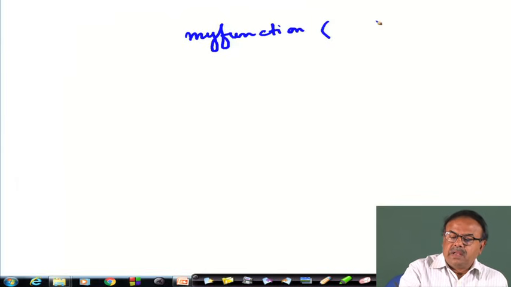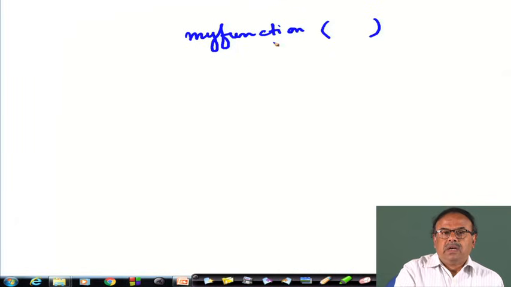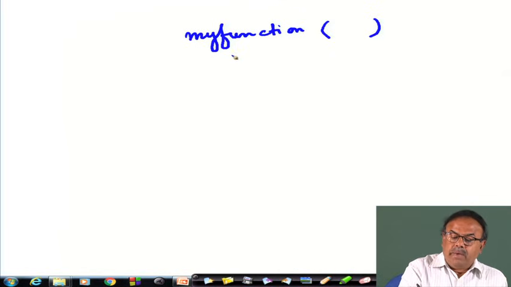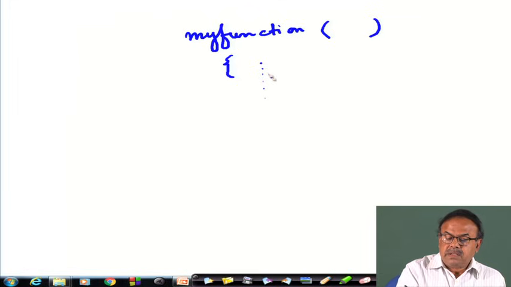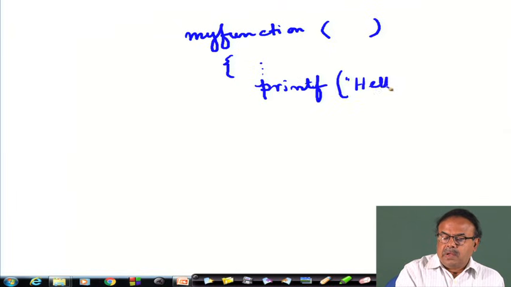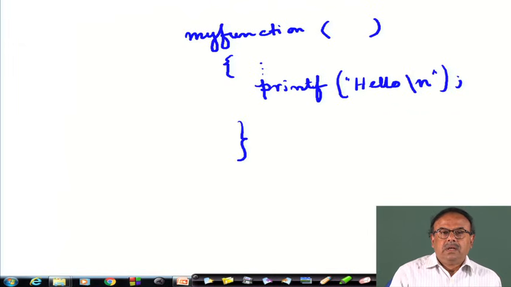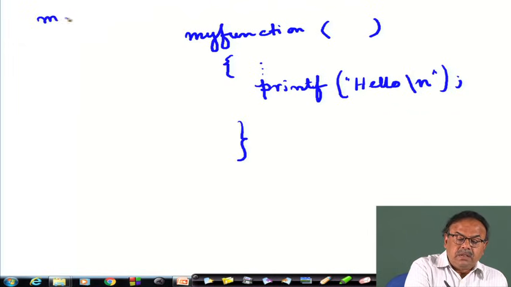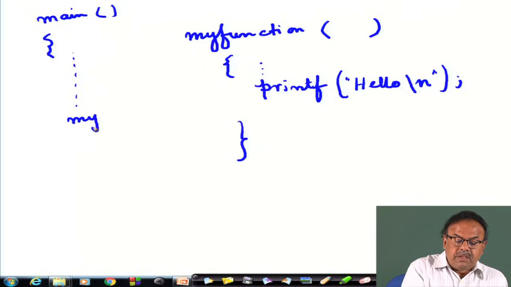Maybe it is not taking any parameters, because in the body it is doing nothing, just printing printf hello. That is also a valid function. So, in this case the main function just called my function here.